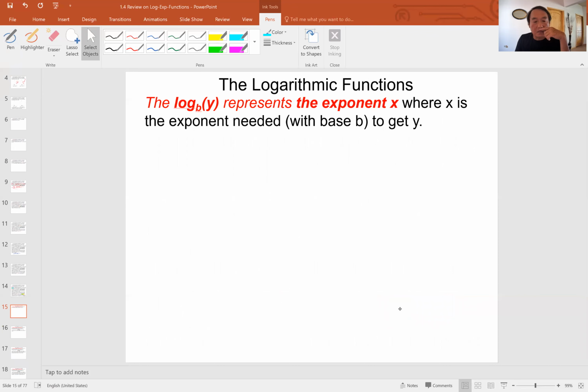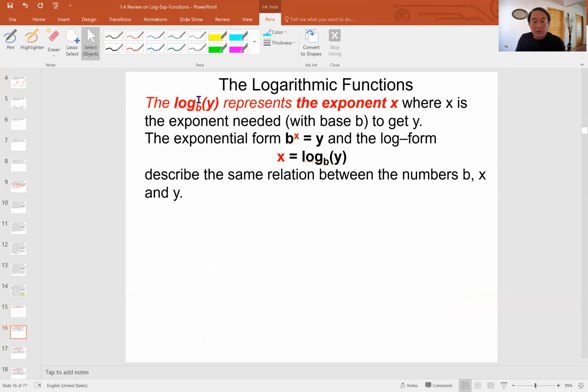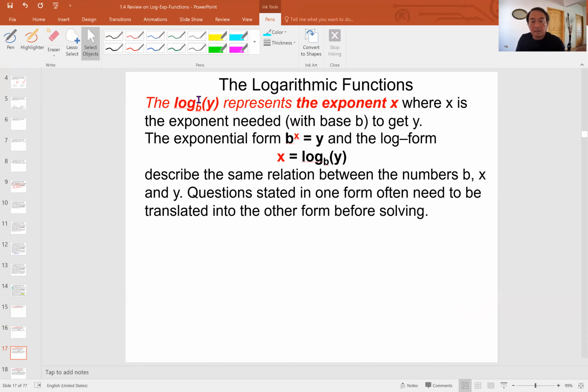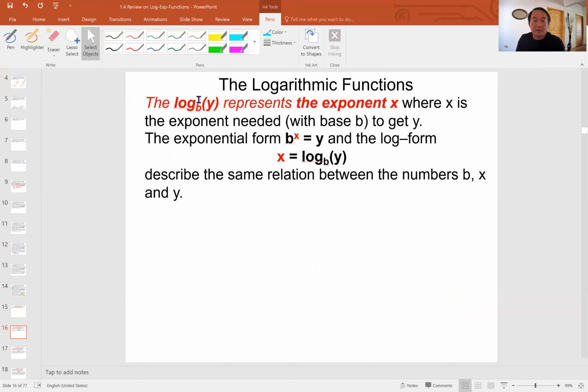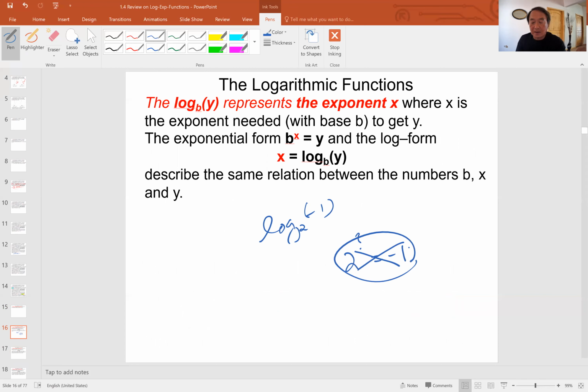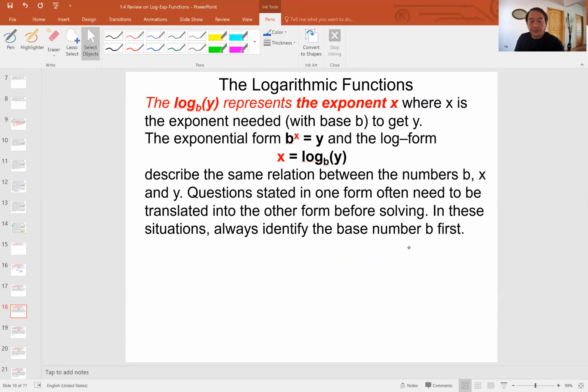In particular, the domain of the log function cannot be negative. You cannot ask what's log of -1, which is asking 2 to what power is -1, and there's no real answer for that.